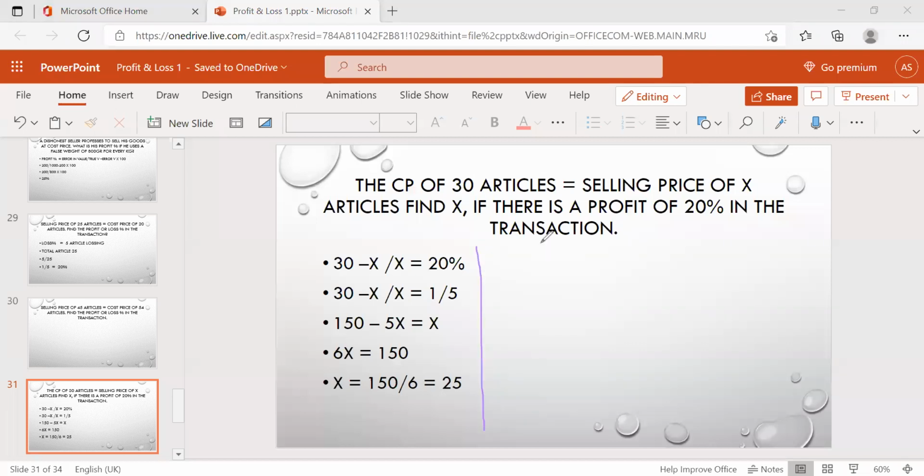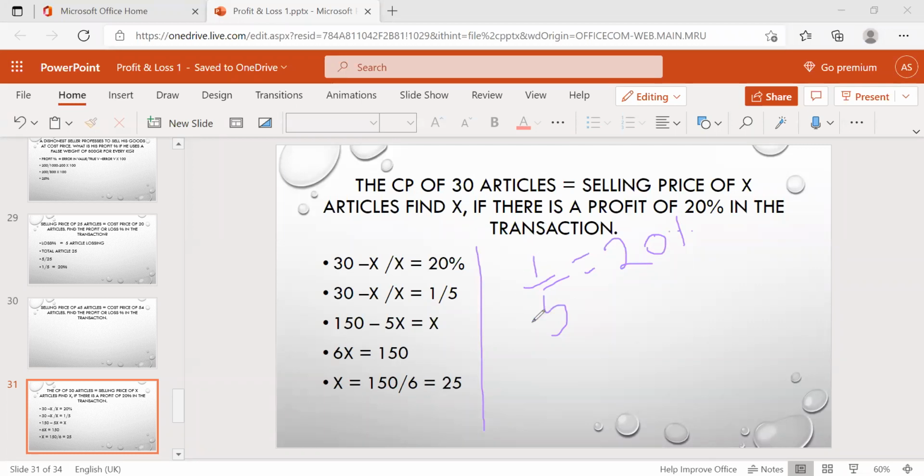See here. So actually, what's the profit percentage? 1 by 5. It's nothing but 20%. I'm taking the fractions. Okay, 20% is I'm taking a fraction 1 by 5. So 1 by 5, it means what's that profit they're saying, right?